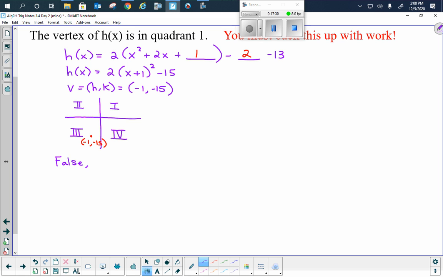You're just justifying this and saying false, the vertex is in quadrant 3. When it's false, you give me what the true answer would have been. And remember, quadrants are Roman numerals. There you go, there's a little practice with true, false. We will keep working with those.